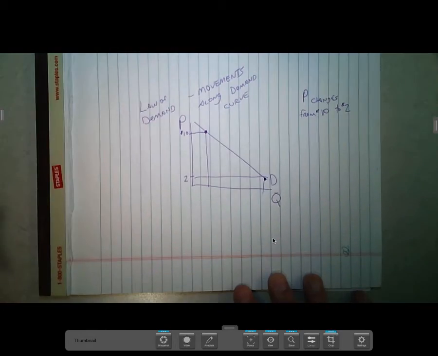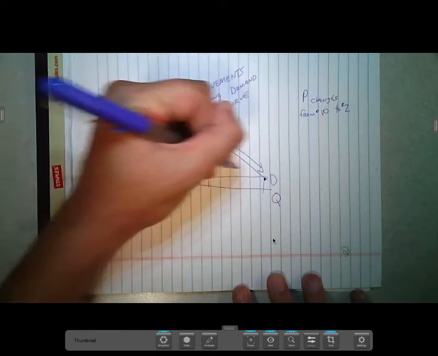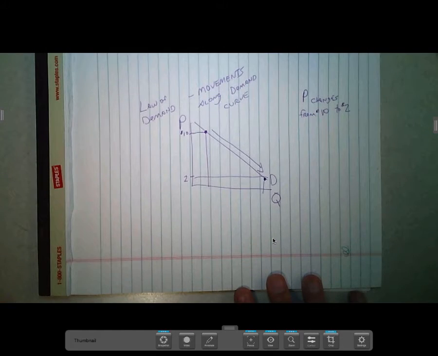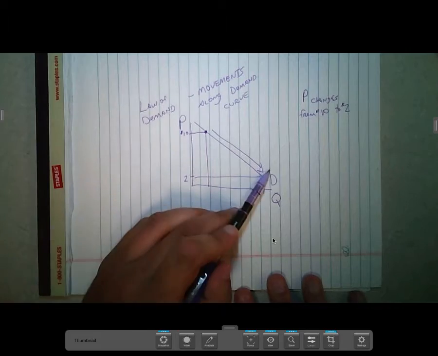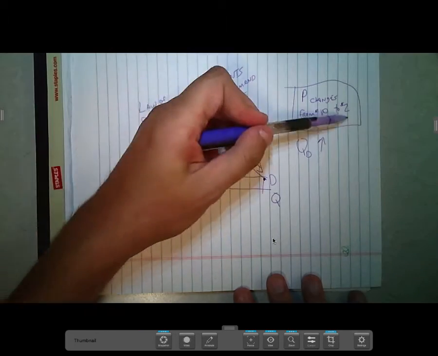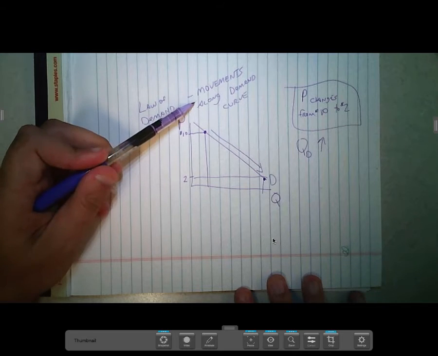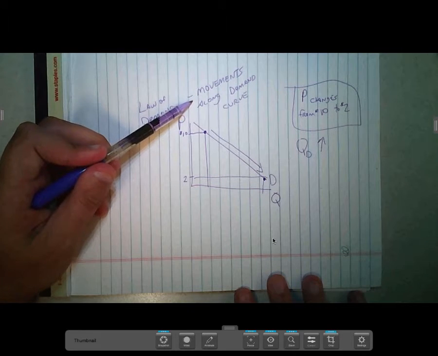And we can see that very clearly here. But this is a movement along the demand curve, right? The demand curve itself did not shift. Rather, I moved along the demand curve because the quantity demanded increased. As I went from 10 to 2, the quantity demanded increased. That is our law of demand. And that is explaining our movement along the demand curve.